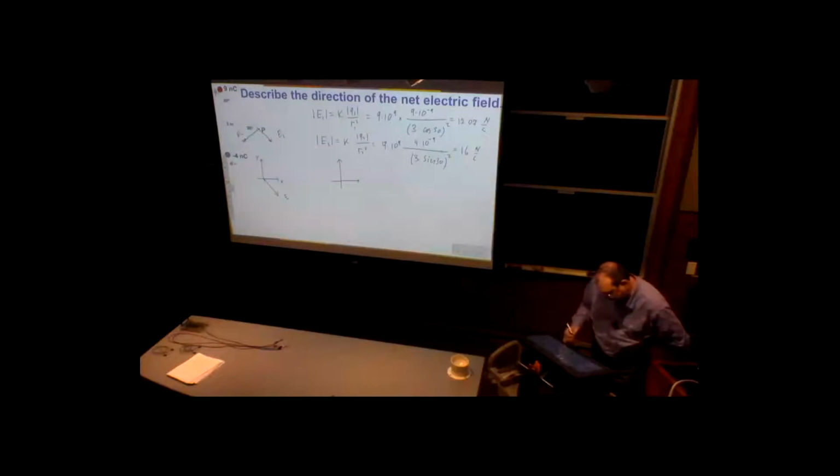Now, a vector and components always form a right triangle. So this green arrow represents the x component. And this arrow represents the y component. And together they form a right triangle.